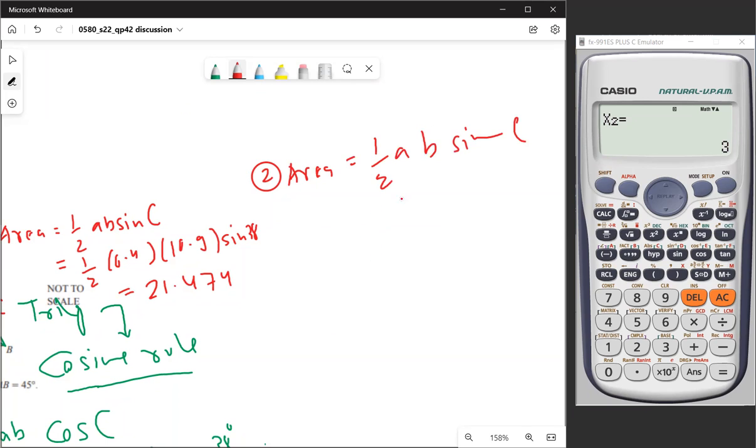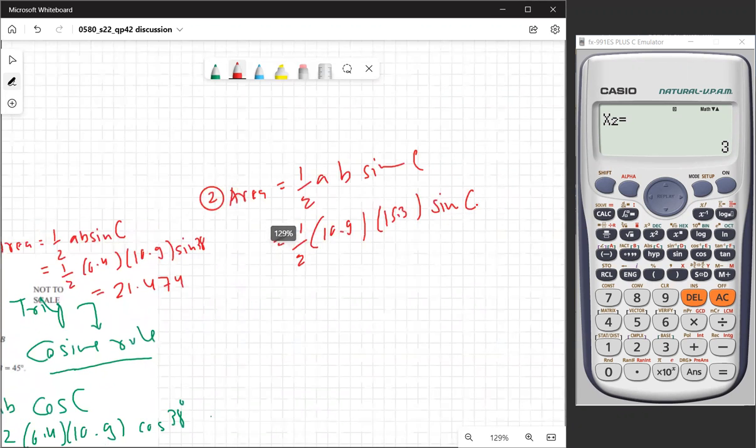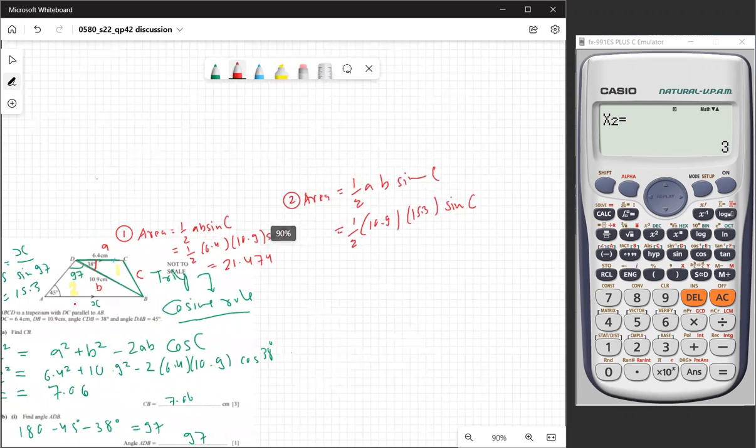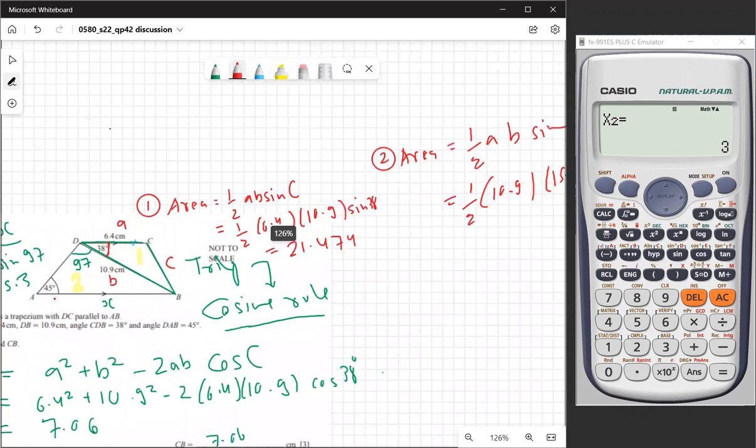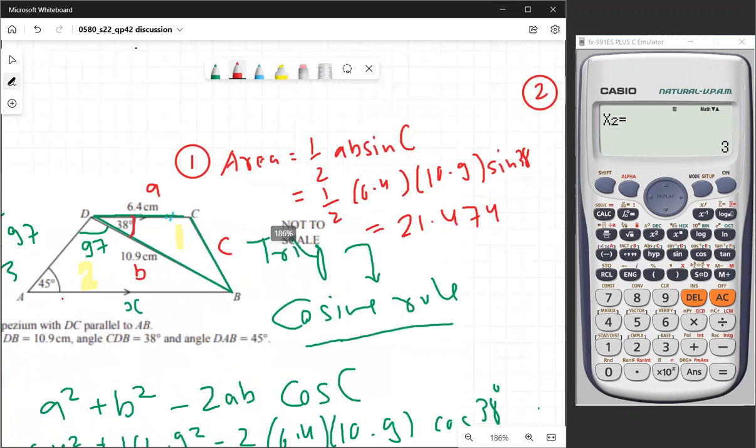So I say half times 10.9 times 15.3 times sine C. Can I see the triangle to determine what C is? It's going to be 38.